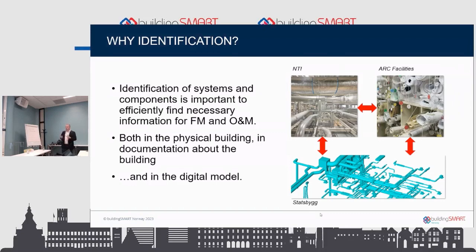So this is where the model brings in a new aspect: it's an intuitive way of finding more information about your building. Also, you don't have to go to the building to find the information. You can actually look it up on your screen in your office.